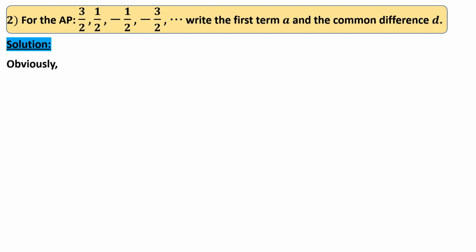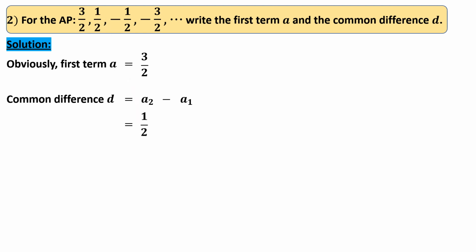Here, obviously, first term a equals 3 halves. Then, common difference d equals a2 minus a1. a2 is 1 half, minus a1 is 3 halves.